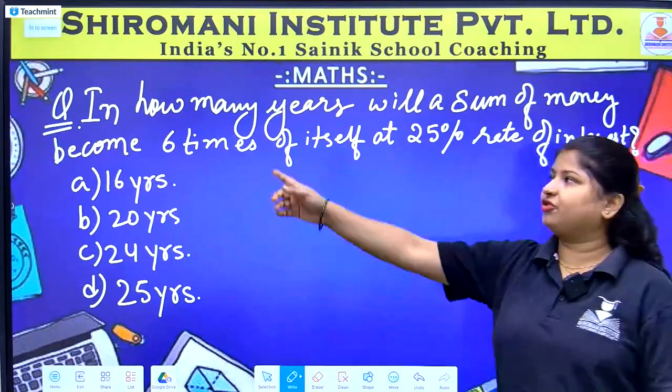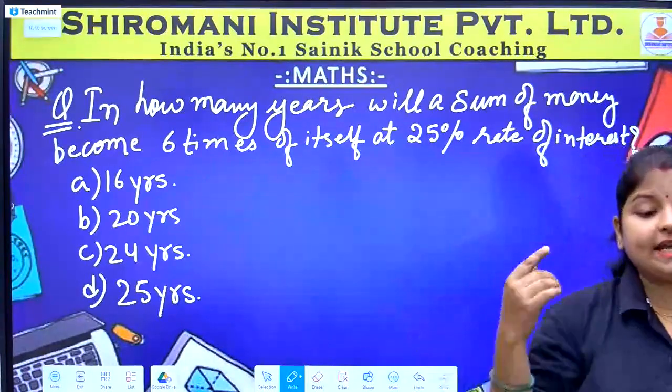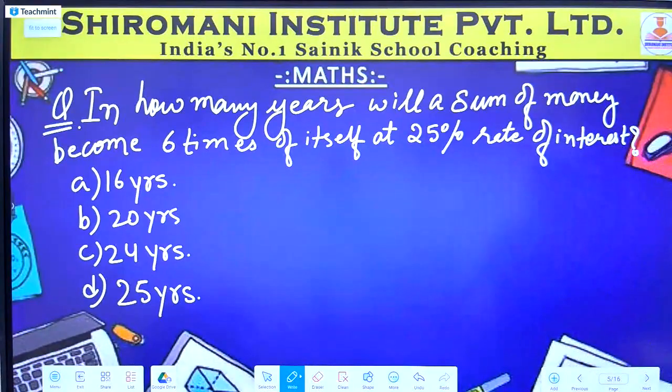This time you have to find how many years it will take to make itself 6 times, right? At 25% per annum. Same question, but you just have to find the years this time. Let me see.